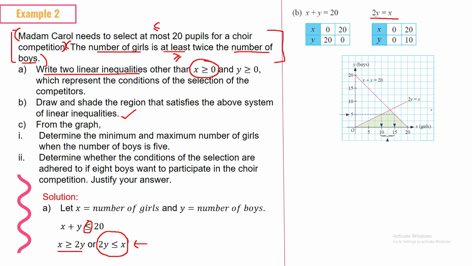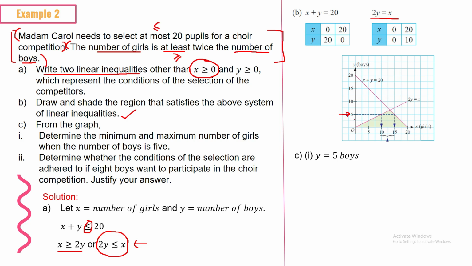So from this graph, the x-axis is the number of girls and the y-axis is the number of boys. So for y equal to 5 boys, we check on the y-axis, this part. This one is y equal to 5.